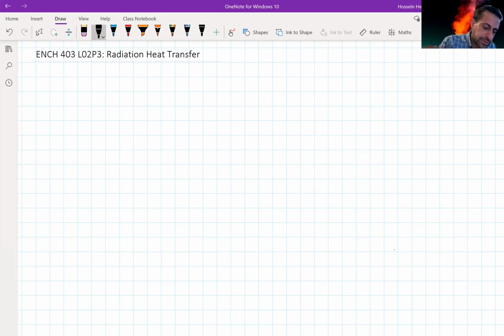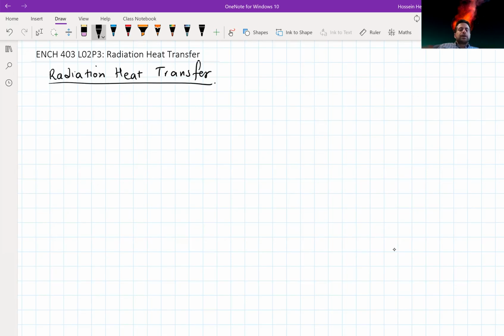So let's talk about radiation heat transfer. Energy can be emitted by any object in the form of electromagnetic waves or photons.